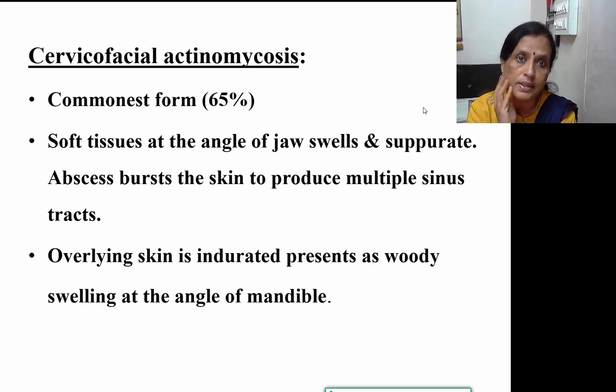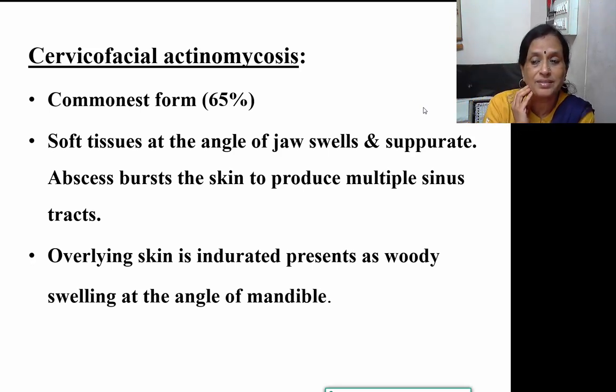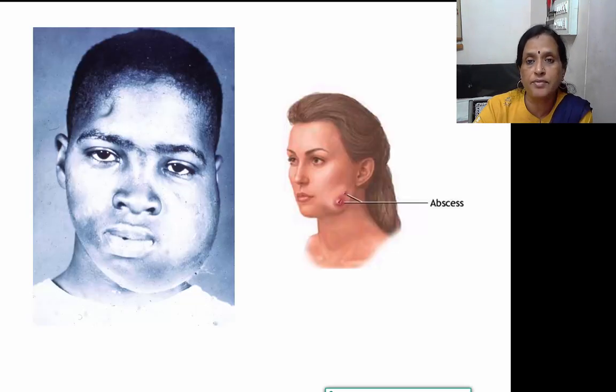When you look at this lesion, you can see some yellowish material coming. What is that yellowish material? It could be pus, but still it has the definite color of sulfur in that yellowish color. The overlying skin is indurated, very hard, and presents as woody swelling at the angle of the mandible.